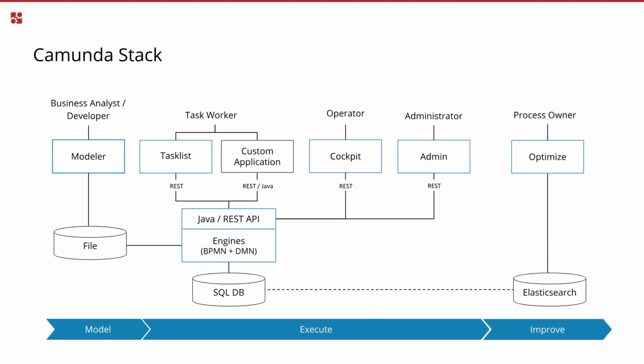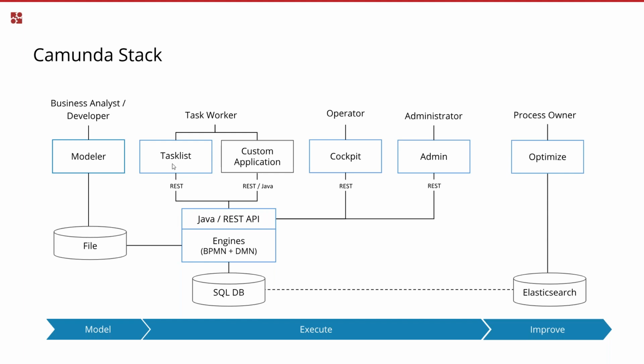The Camunda BPM stack consists of the engines running under the hood. So we have the BPMN workflow engine. We also have a DMN decision automation engine. They're nicely integrated, but can also be used separately, working with relational databases, exposed via Java and REST APIs. Then we have certain applications that people can use for modeling processes and working in those processes.